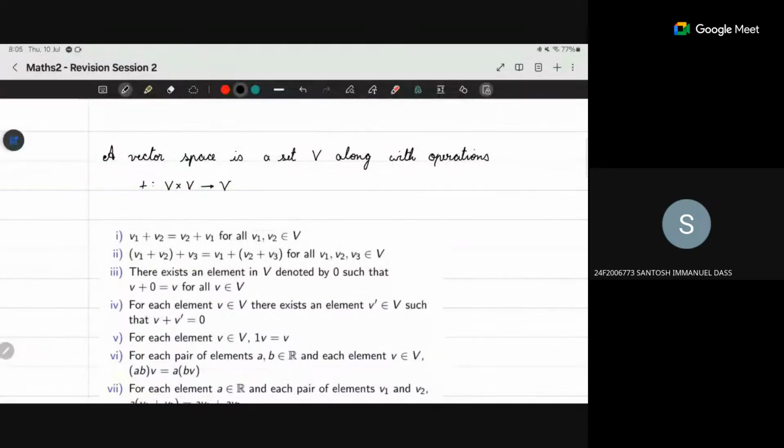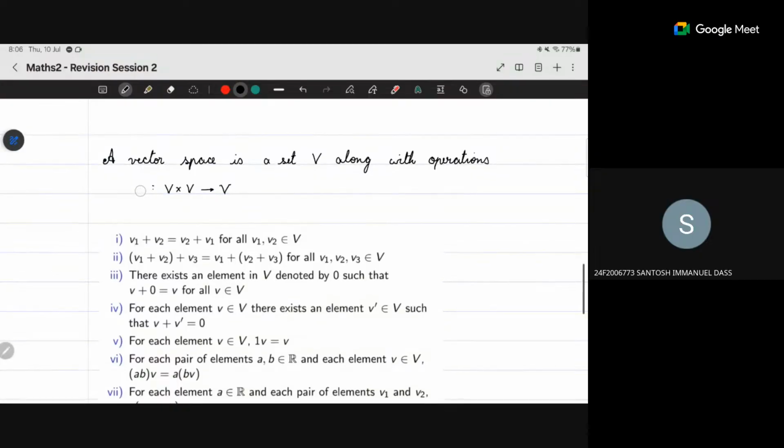It takes input as two vectors and gives the sum of the vectors. Since we are using plus for it, we'll call its output the sum. It's just a function from V cross V to V, meaning it will have something like V, W as inputs, and strictly speaking, it is plus of V, W that you have to write, but for convenience, we'll write it as V plus W.